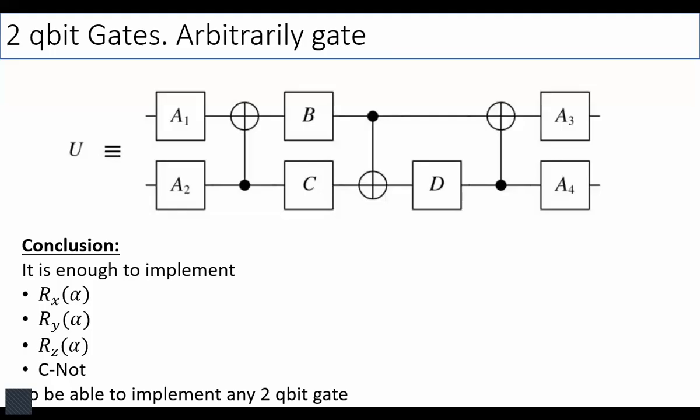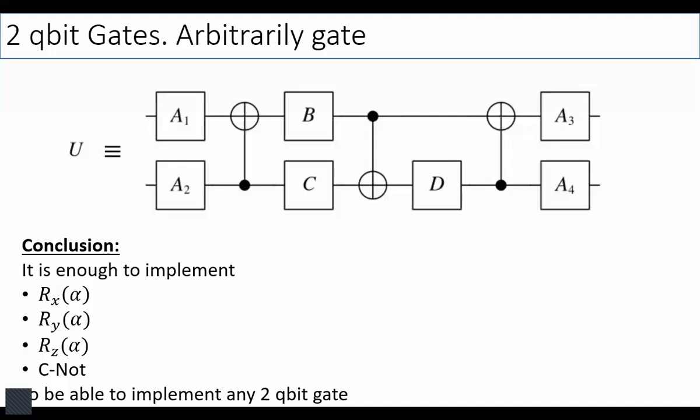When you write C naught, usually it is written as CX, because naught is X, so CX is shorter, and it would have parameters: on which qubit you put the dot and on which qubit you put the naught.